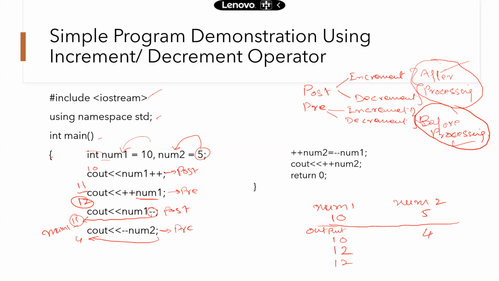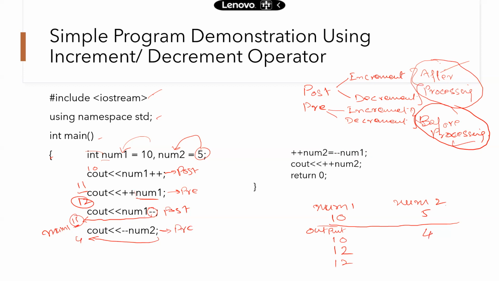All right. And after that, this statement: plus plus num2 equals minus minus num1. This num1 currently has the value 11.